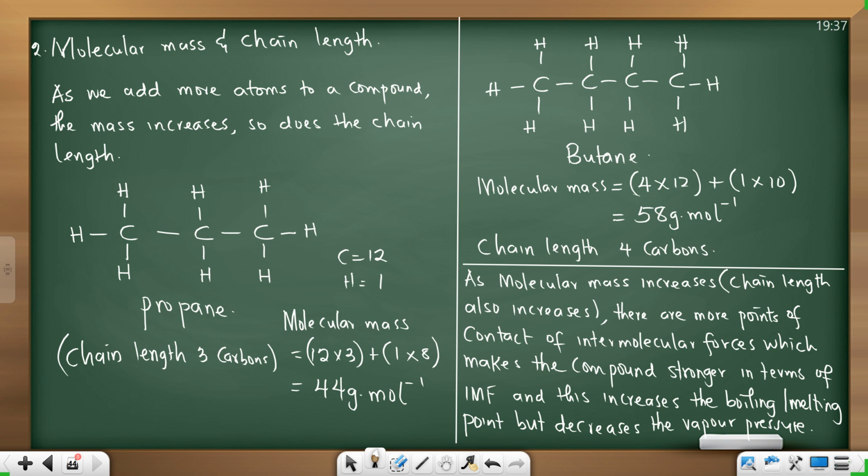And as that happens, the net intermolecular force of the compound increases, which makes it stronger. Are we okay here? Everybody okay?